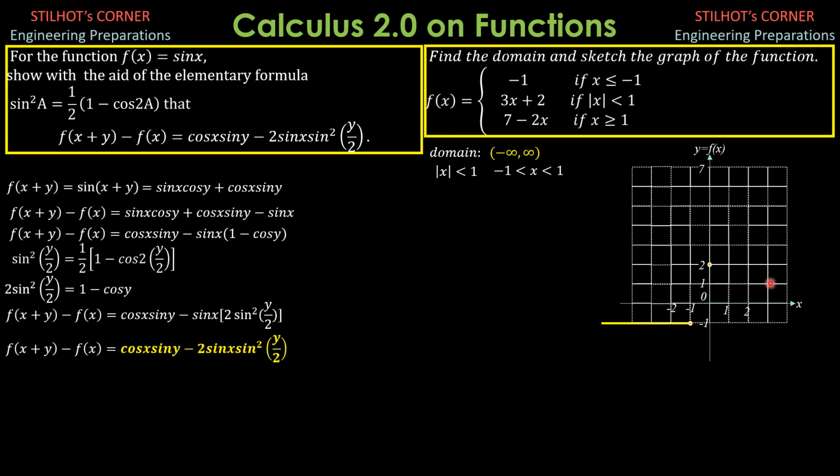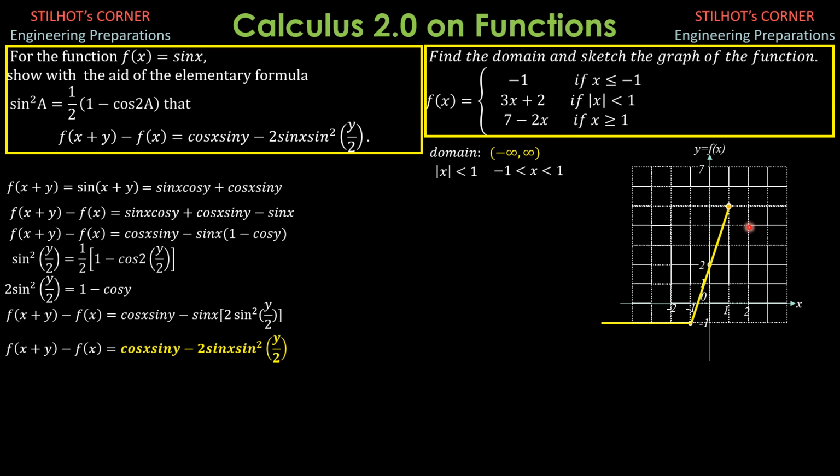So 1 comma 5, this is 1, 2, 3, 4, 5, it's there. It is an open dot, it is a break. Then this is the line 3x plus 2, but it is filled again because when x is 1, 7 minus 2 times 1 is 5.